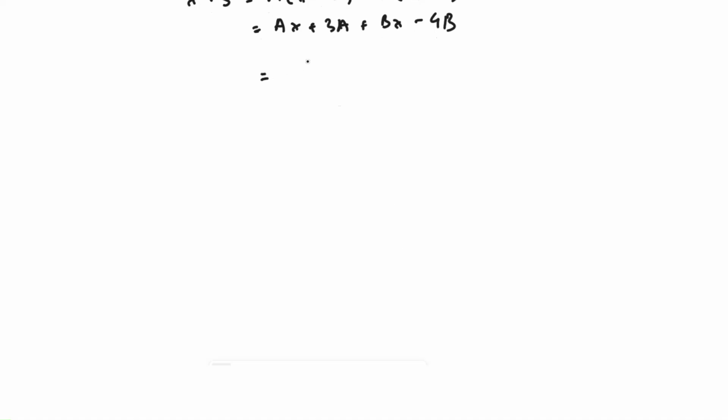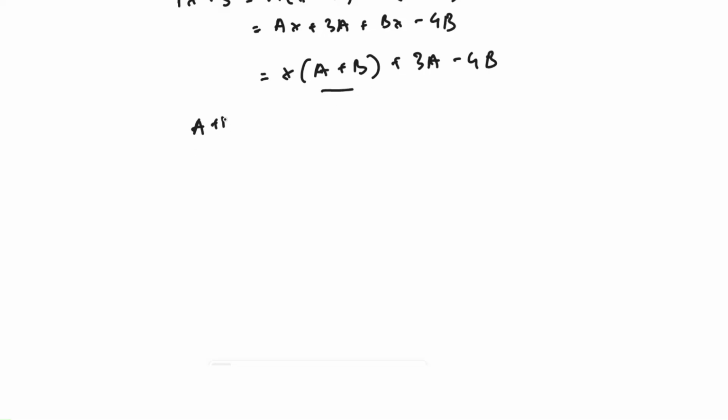Okay, so we're going to group the x terms together: A plus B, and group the constants together: 3A minus 4B, right? So you see that on the left, the coefficient before x is 1. The coefficient before x on the right-hand side is A plus B, right?